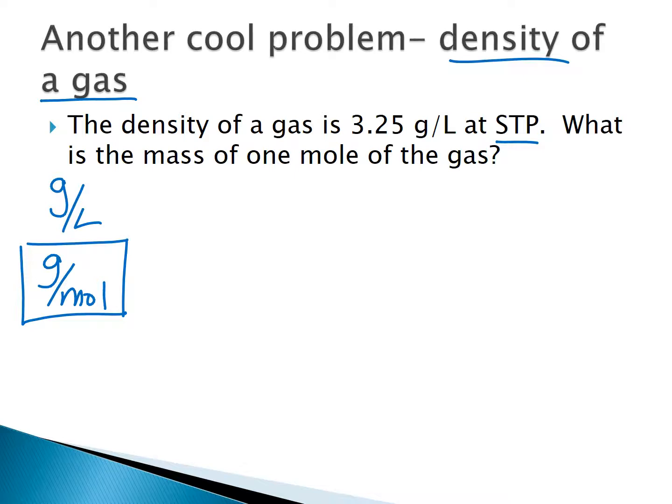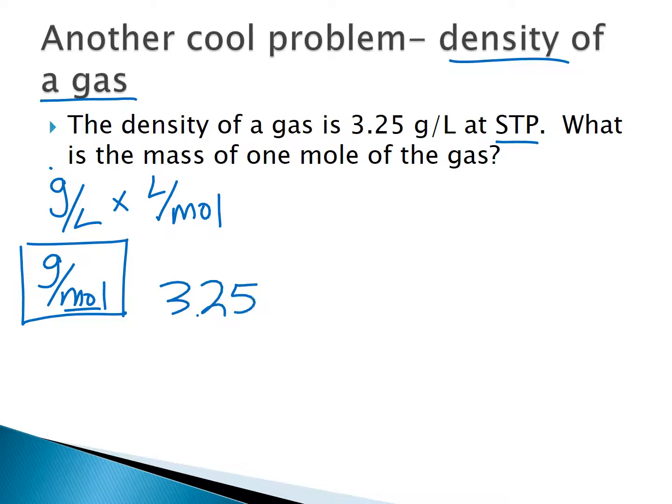The number we're given already has grams in the numerator, so grams is okay. But if I'm going to make it grams over moles, then I have to get rid of the liters. So I'm going to multiply by a fraction that has liters in the numerator. When I do that, the liters will cancel. But then I have to divide by the number of moles to get my unit of moles down there. So I'm going to multiply by a fraction that has liters on one side and moles on the other. Let's see how that works.